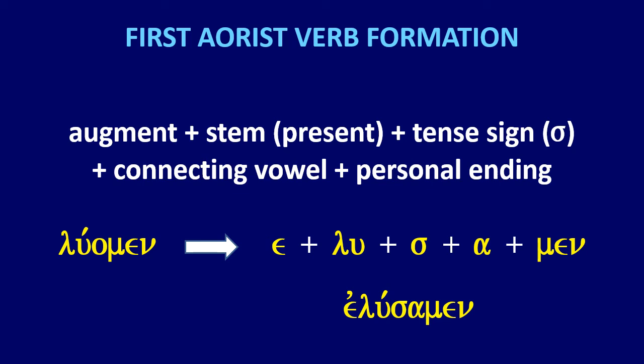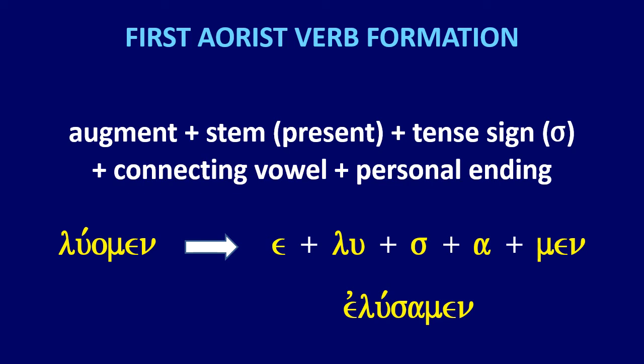I put that up instead because it's a little easier to see the constituent parts of this word in the plural, elusamen, which means we loosed, by the way. So we would understand that as basically a past indicative, we loosed instead of I loosed.